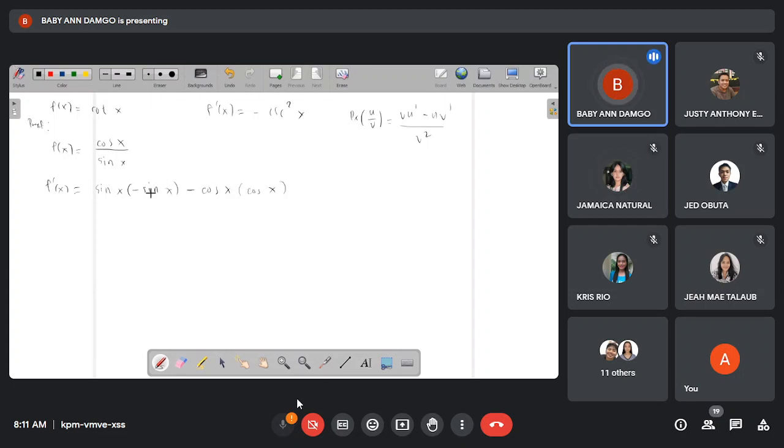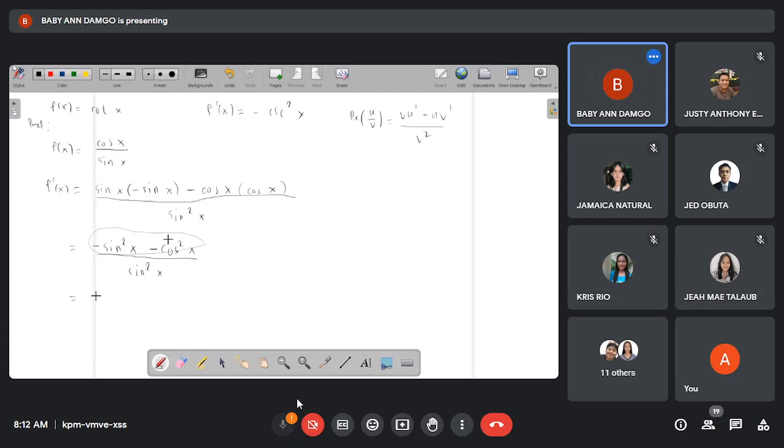Okay, so cosine x all over sine squared x. Okay, so simplify, this is minus sine squared x, and then kani, this is minus cosine squared x all over sine squared x.